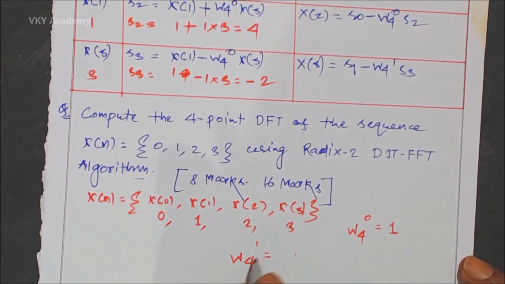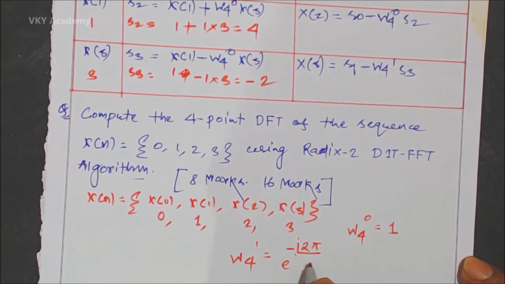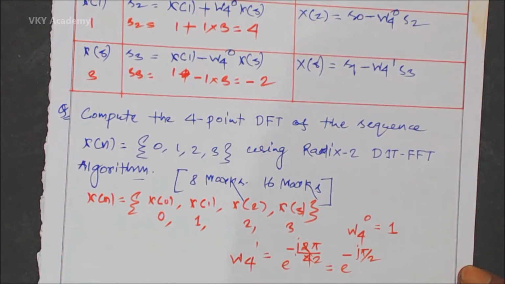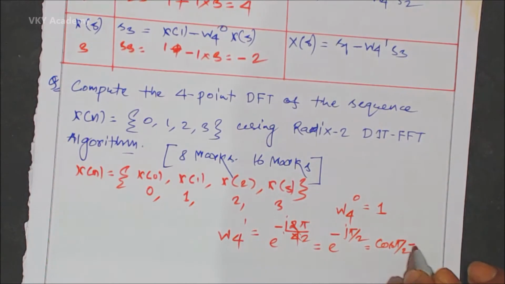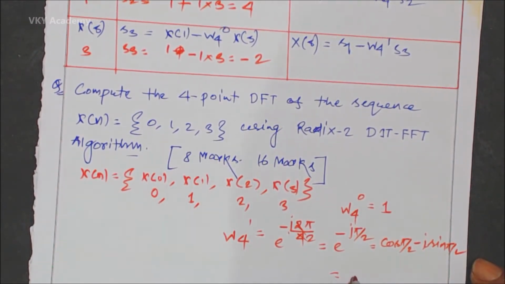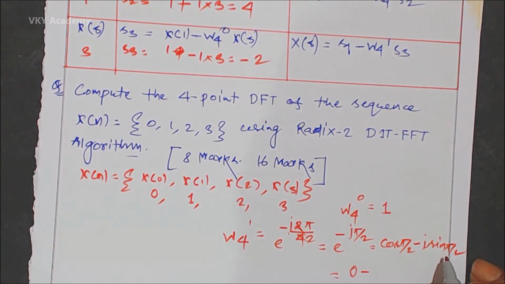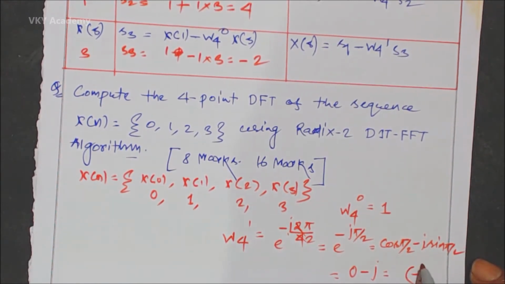As we know, W4 is equal to e to the power minus j 2 pi upon capital N, and capital N for this question, the 4-point DFT, is 4. So it will be e to the minus j pi by 2, which can be written as cos pi by 2 minus j sin pi by 2. Cos pi by 2 is 0, and sin pi by 2 is 1. So it will be minus j.